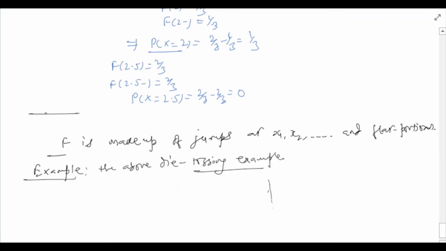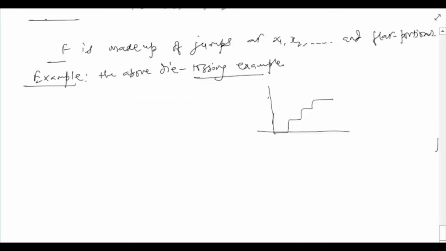Where f was of the form as desired here. So f here is made up of jumps at points 1, 2 and 3 and it's flat everywhere else. So f is made up of jumps and flat portions.